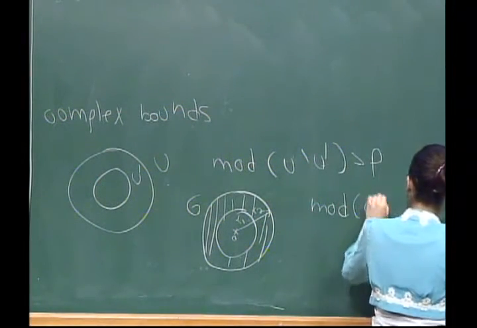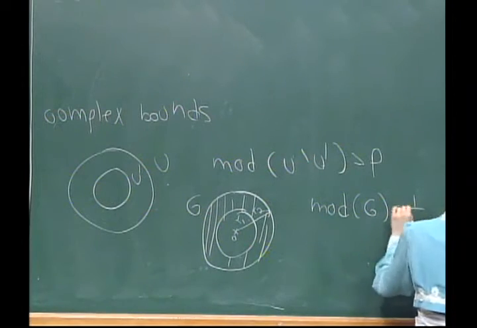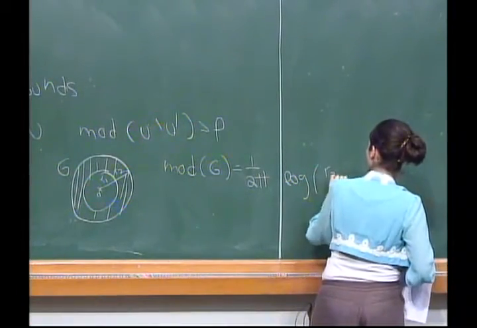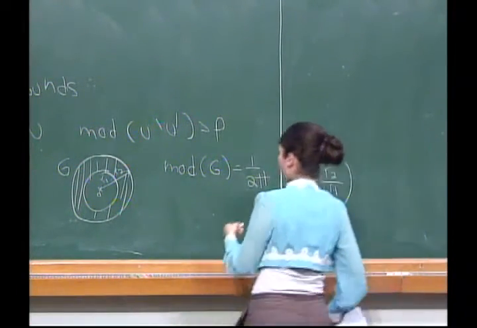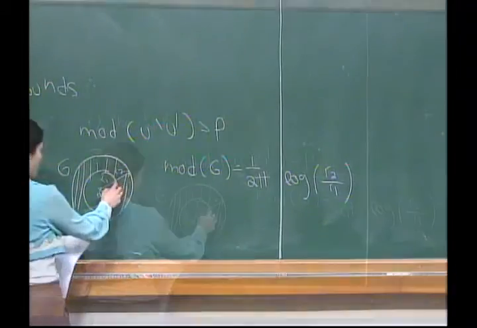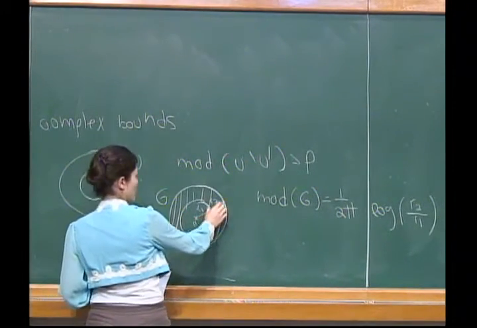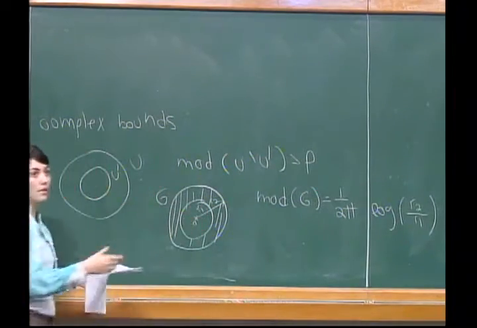And then you define the moduli of this as 1 over 2 pi, the logarithm of the quotient between R2 and R1, okay? So when R1, the radius, tends to 0, this grows, and when it tends to R2, this tends to 0, okay?